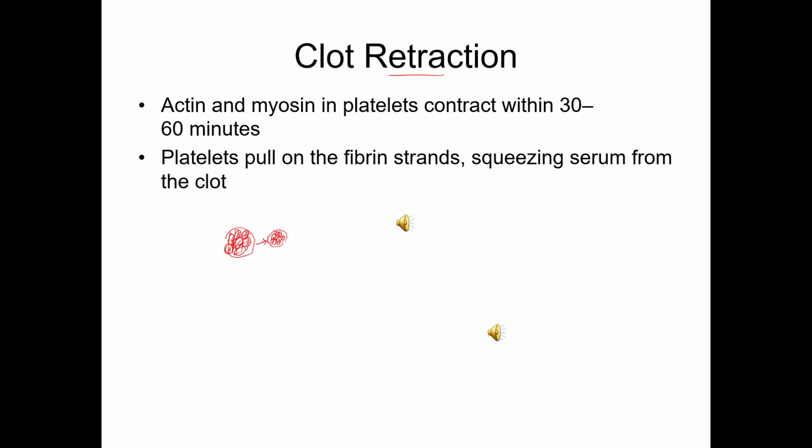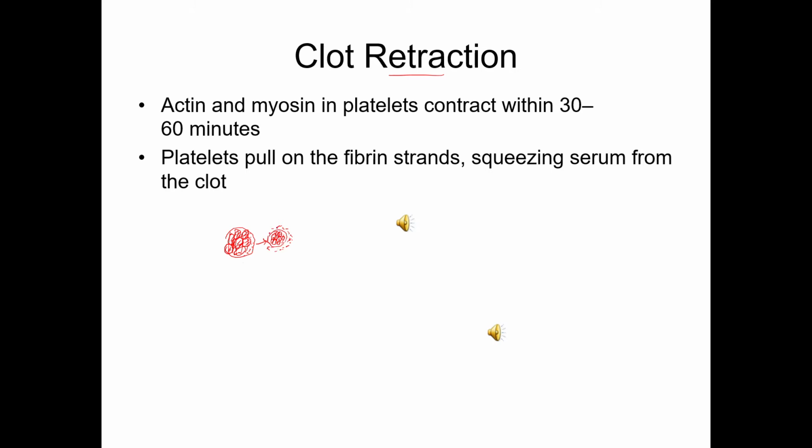So that is the clot retraction, squeezing of the clot. And when that will happen, clot is a semi-solid structure, so it has fluid inside it. So that fluid will come out, and that is called the serum.